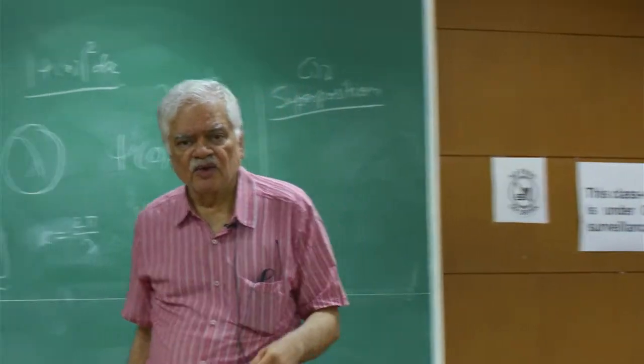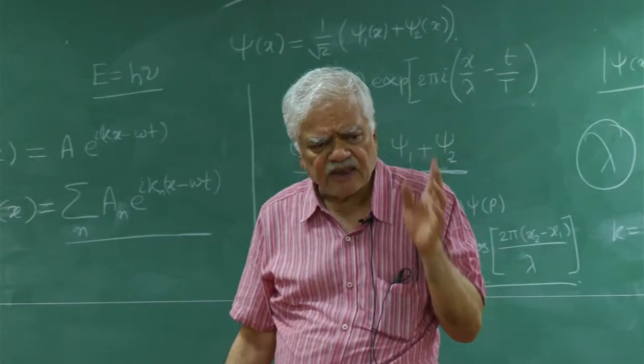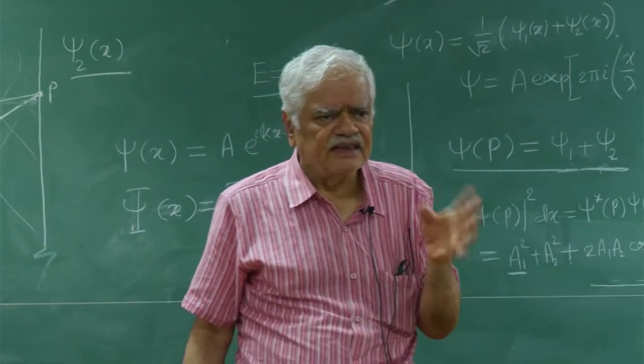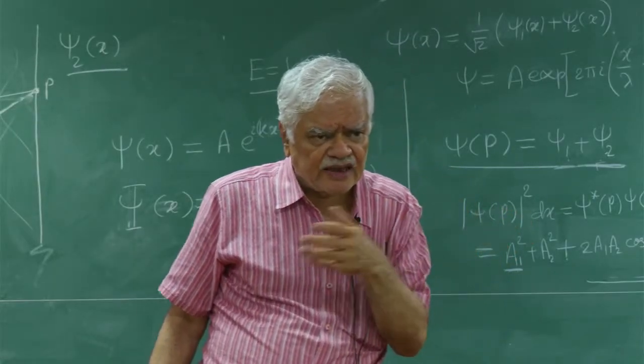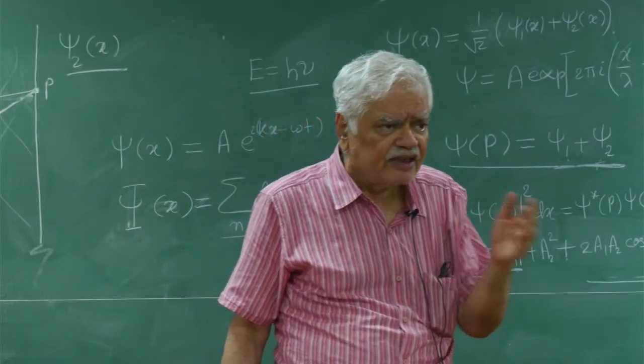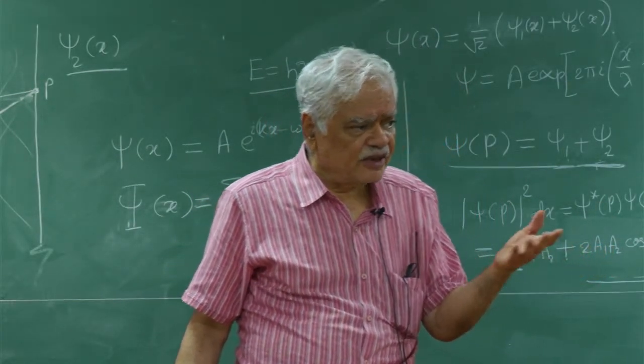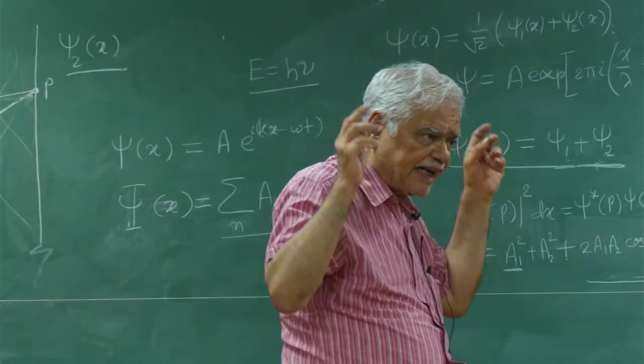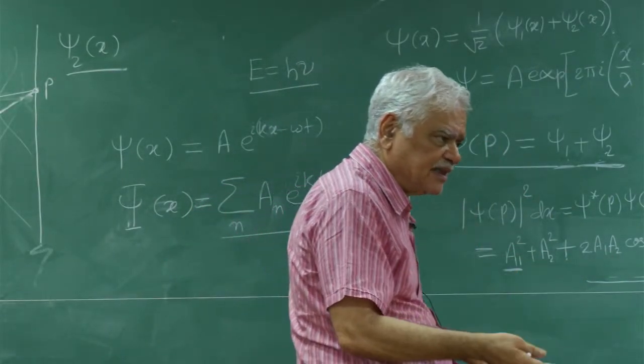This is the fundamental thing that changes here: the way you find the probability is you add the amplitudes first and then take the mod square.